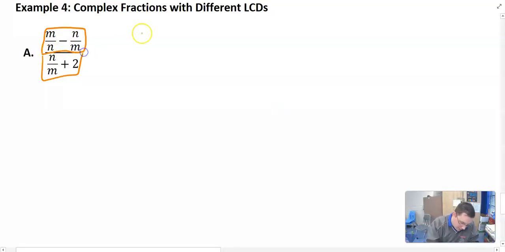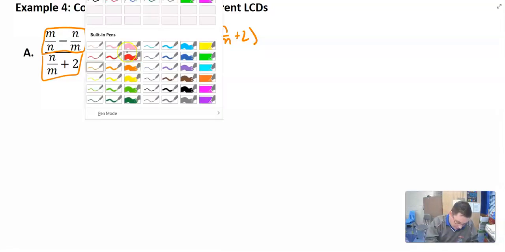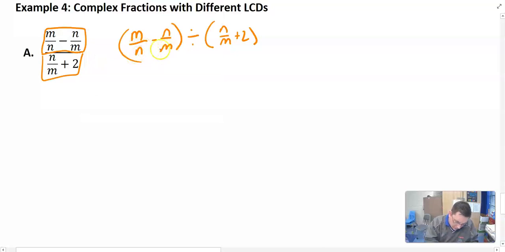So starting with the top here, m over n minus n over m, all that's in a parenthesis, divided by n over m plus 2. So we've got our two pieces separated out. Now we're going to work on the first parenthesis and get it as one fraction. What's the common denominator here?